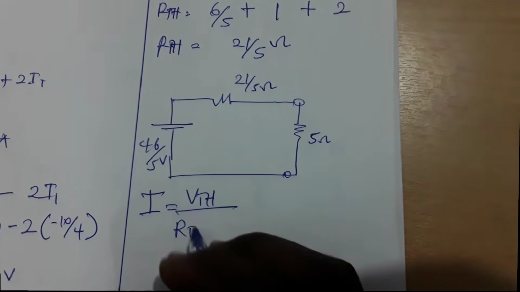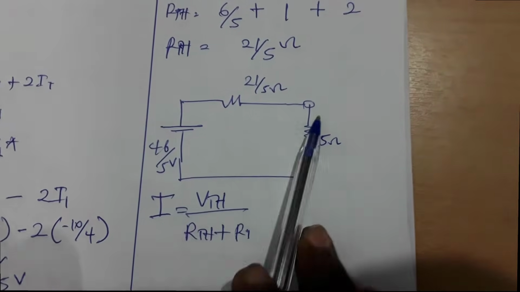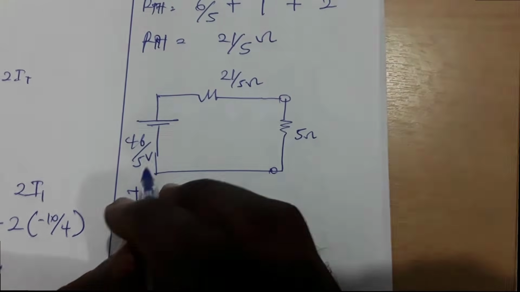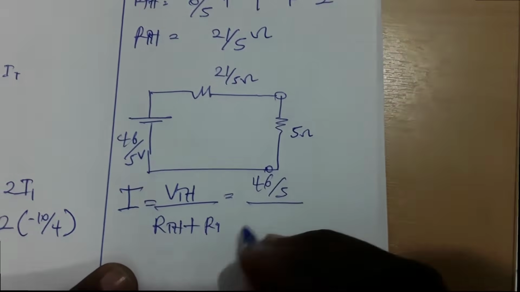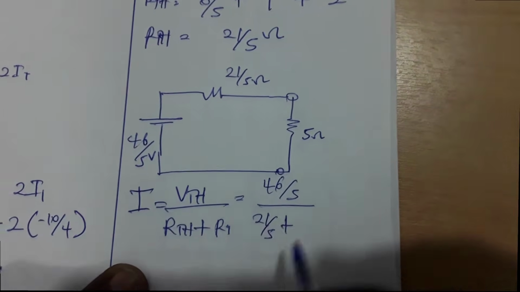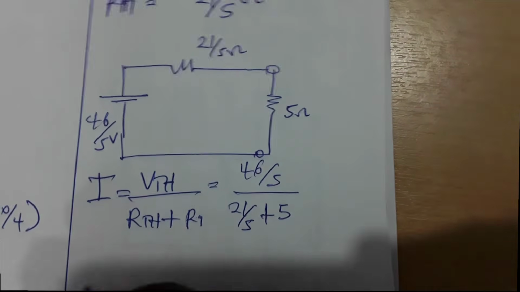That is VTH over RTH plus R, because this and this are in series. So the VTH is 46 on 5, all out of the RTH, which is 21 on 5, plus the R, this is the R we took out, so plus 5.